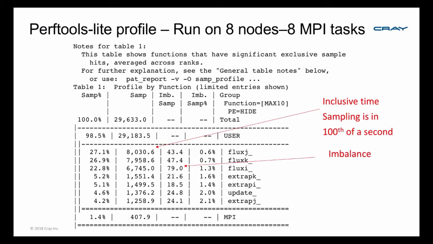It's really down in the 1 to 2%. And as you can see, MPI is very low. Now, one thing on this table, nothing below 1% is listed. Now, I can get everything, and I'll mention that a little later.